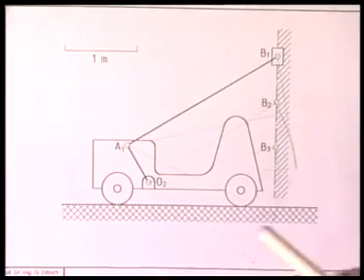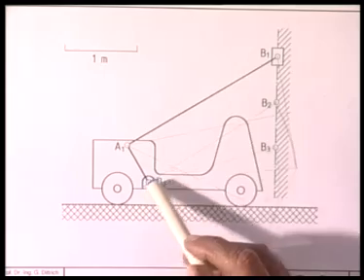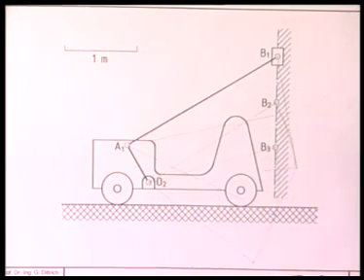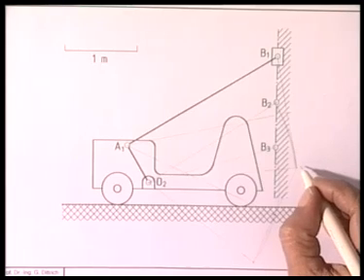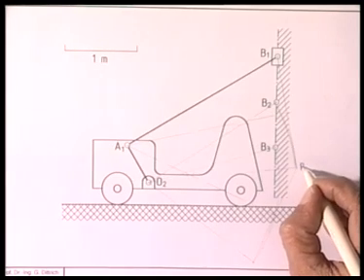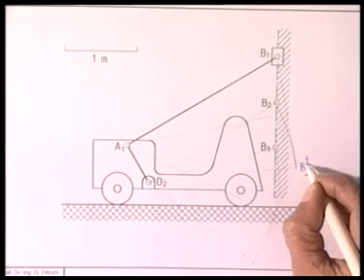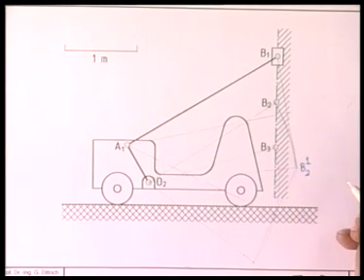So we rotate B2 with O2 as center. This line O2B2 is rotated by 26 degrees, and this point we call B2 inverted on the first position, or B21.